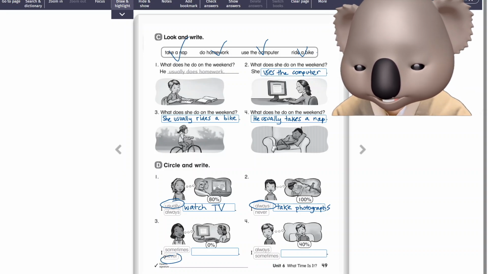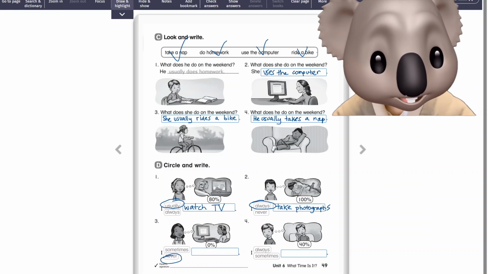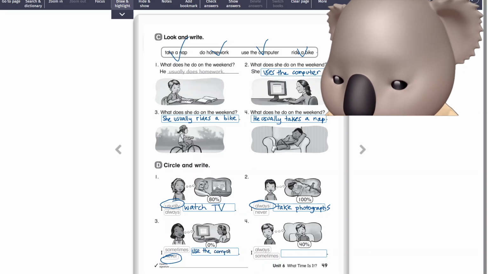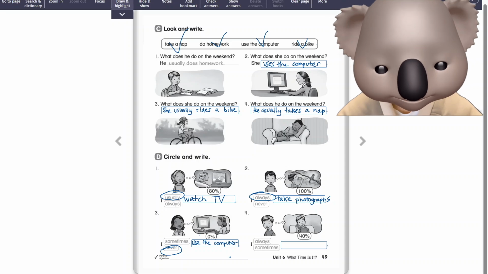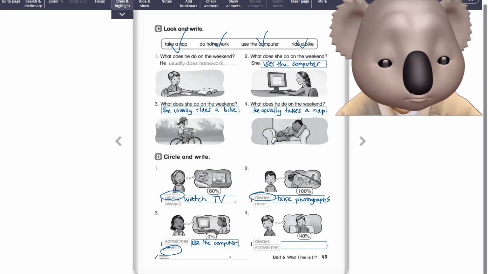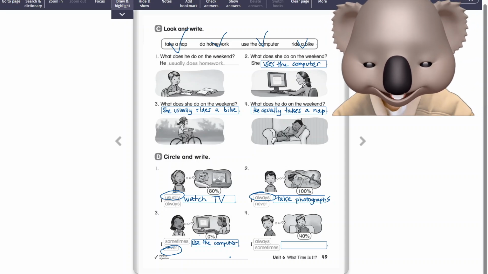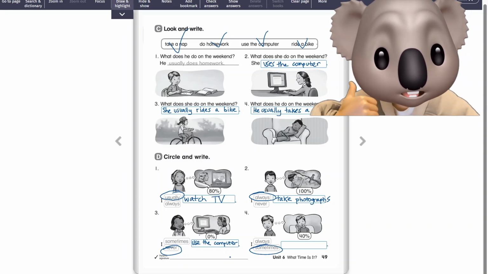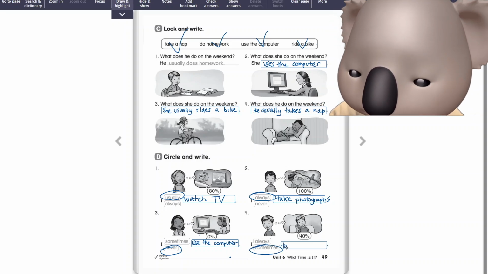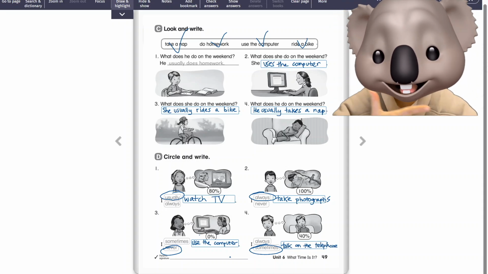I never use the computer. And number 4, 40%. I always or sometimes. Good. I sometimes talk on the telephone. Check your answers and we'll go to the next page.